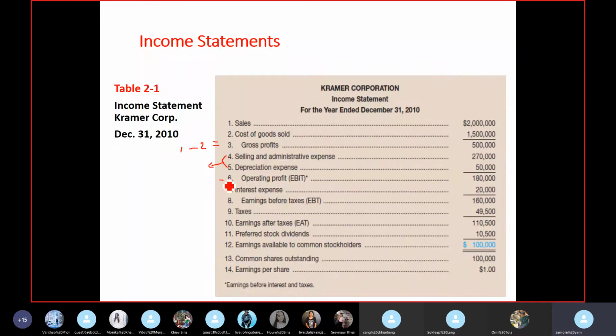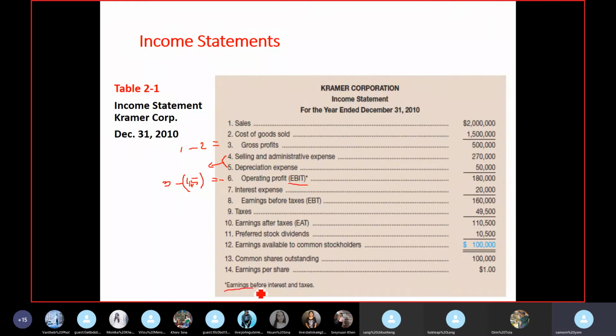Number 6 comes from number 3 minus numbers 4 and 5. It is the operating profit, or we can say earning before interest and tax.